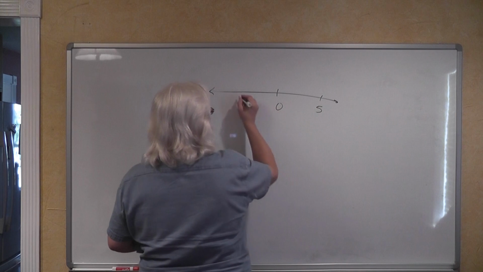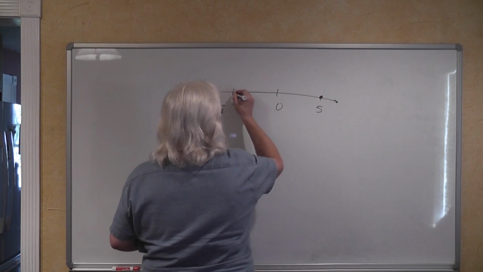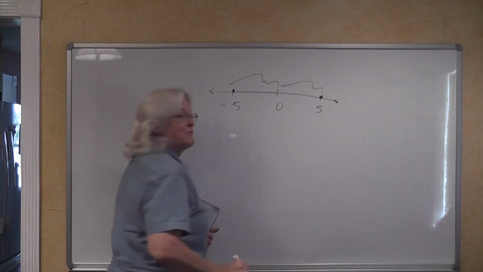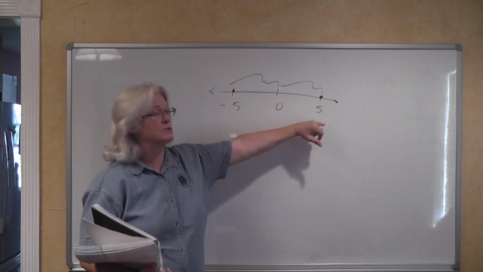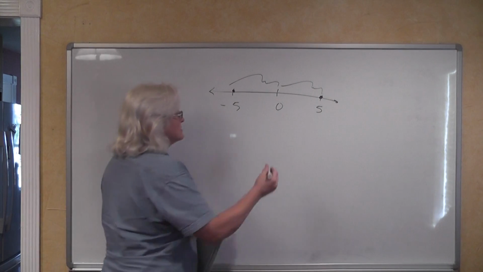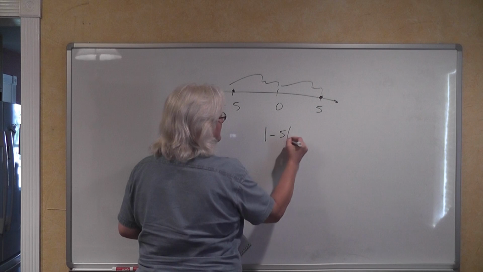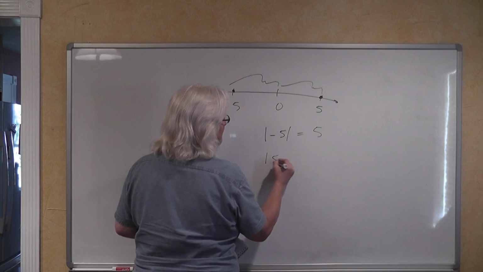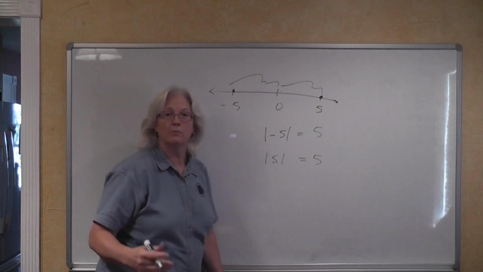The absolute value of both 5 and negative 5 would be 5 because they are each 5 units from 0, but in differing directions. So we could say that the absolute value of negative 5 is 5, and the absolute value of positive 5 is 5 as well.